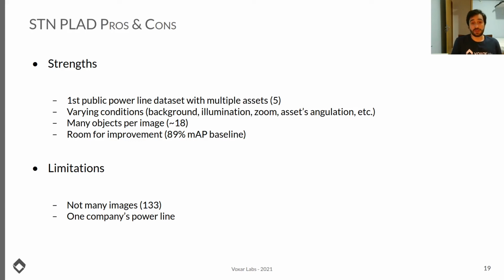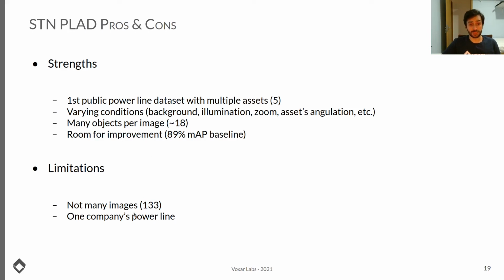We have a high density of objects per image, and that's a good thing since we have very high resolution images. And our final baseline, which was 89.2% mAP, left plenty of room for improvement.